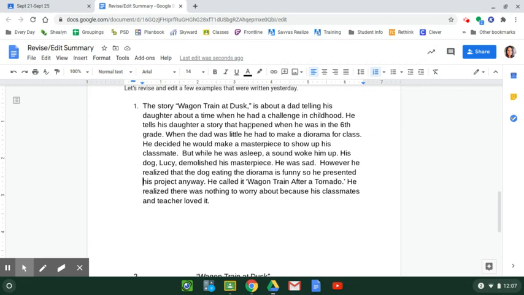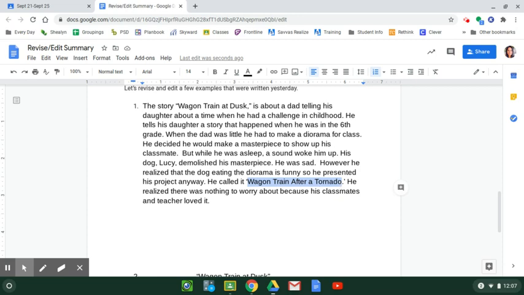He tells his daughter a story about what happened when he was 6th grade, period, capital W, okay. And I see all my spelling. I don't see any red squiggly lines on here, so it looks like my spelling is good. And I can see that I used a comma after asleep. All right, so I double checked this and I see that I have all of my spelling, and even down here, Wagon Train After Tornado, because that's the title of his work, everything is capitalized.